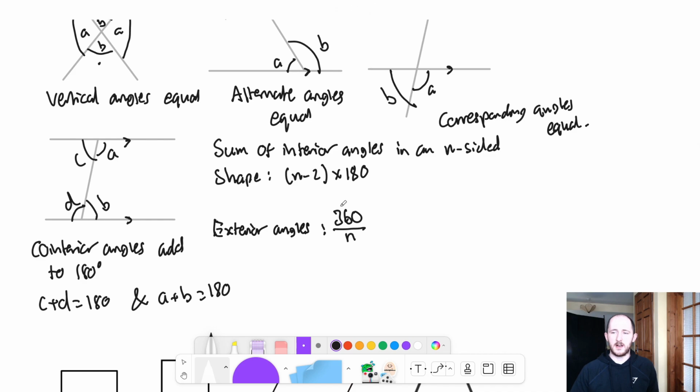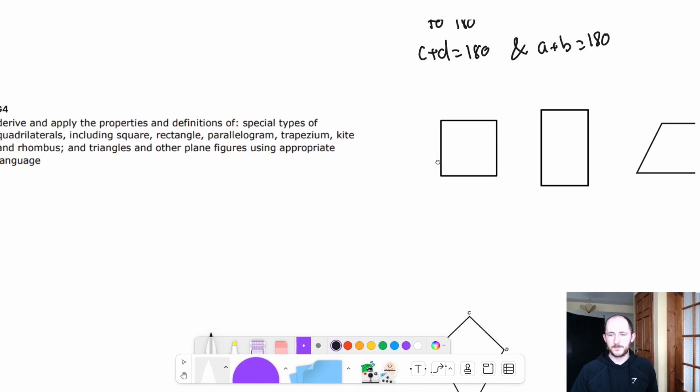That is a waste of time. Use this. If it's a 5-sided shape, n is just 5. 3-sided shape, n is just 3. 4-sided shape, and so on. So if we did it for a triangle, 3 minus 2 is 1 times 180 is 180 degrees, just like a triangle. And each exterior angle is just 360 over however many sides you have.